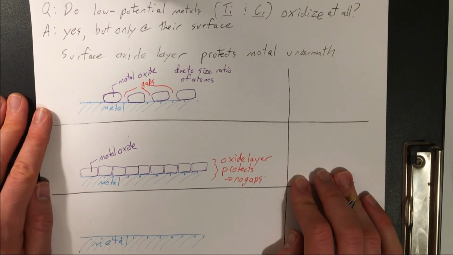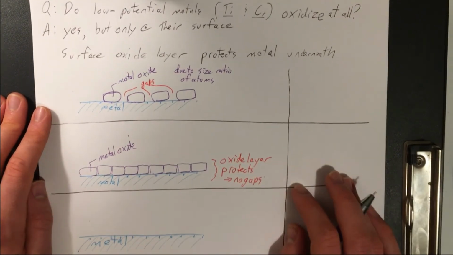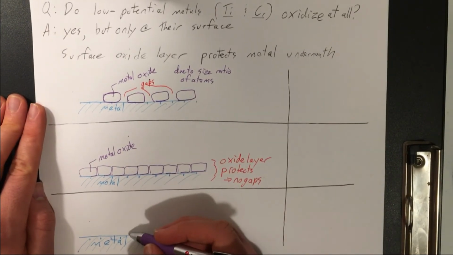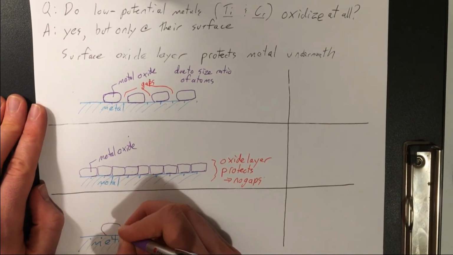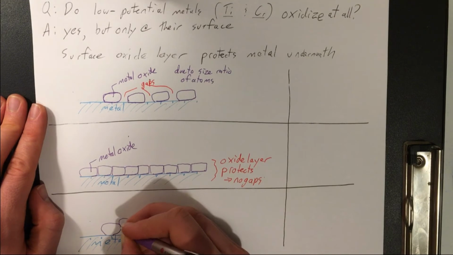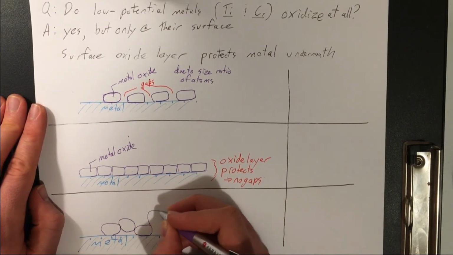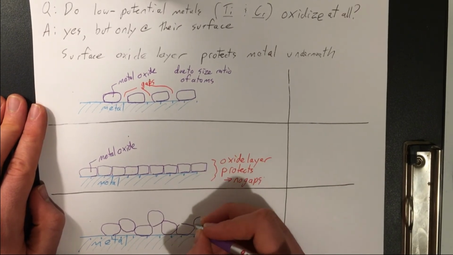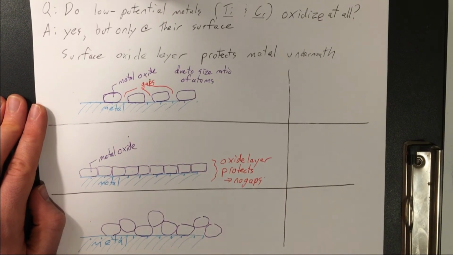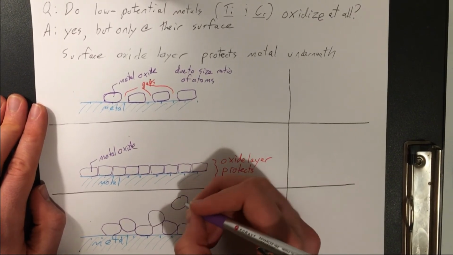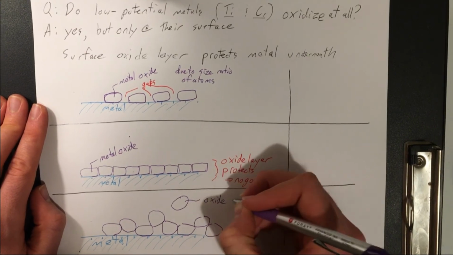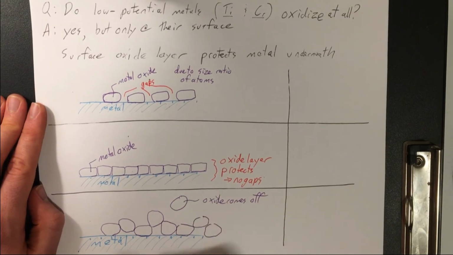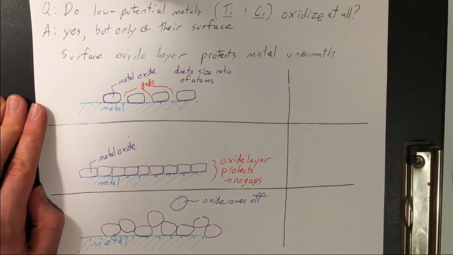And these would be bits of metal oxide. And then you could imagine a case, all right, what happens if the metal oxide pieces are too big? Here we have too small, here we have Goldilocks, and here we have too big. Well, if they're too big, then they can't pack nicely onto the surface. They all prevent each other from packing onto the surface, and basically what happens is little chunks come off, if the metal oxide unit cells are too big to pack nicely onto the surface.